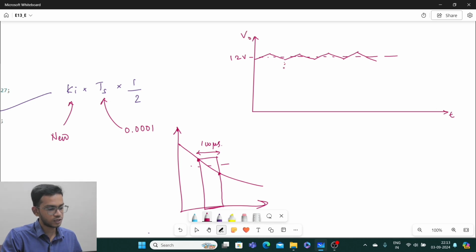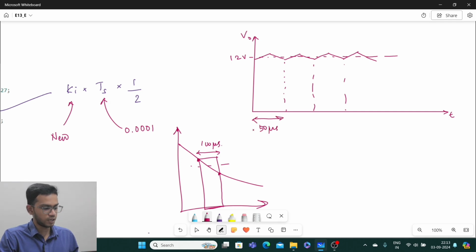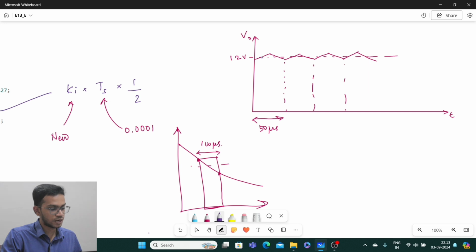And each of these rise and fall is, that is, each switching period is 50 microsecond apart. However, you are taking a sample at every 100 microsecond. That means the first sample may happen somewhere here. It will skip a cycle, take the next sample here, it may skip a cycle, take the next sample here, and so on. So it goes on like that.